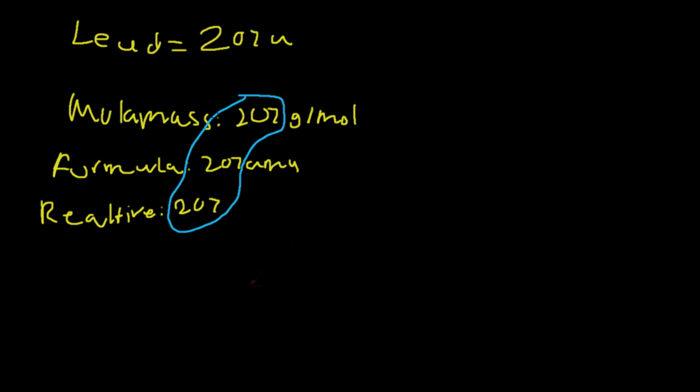That's why we have laws such as the law of conservation of mass. That's why when you're going from molar mass to formula mass and relative mass, you represent it with different units at the end. But the main concept is that the mass itself stays the exact same. You're not going to have a different mass in molar and a different mass in formula. It's going to be the exact same. Just the way you represent it by using different units makes the difference.